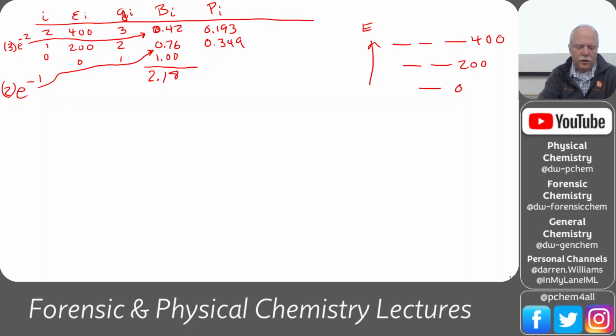And then 1 divided by 2.18 is 0.459. And they add up to 1. Okay, that's good. So these are our probabilities. Divided among all three of these levels, we have 19%, this one is 35%, and this is 46%.